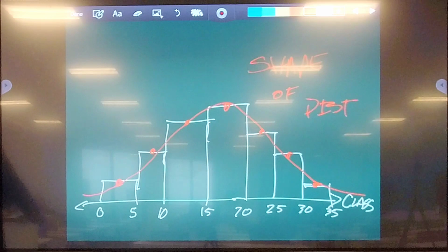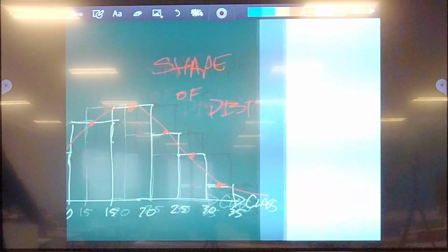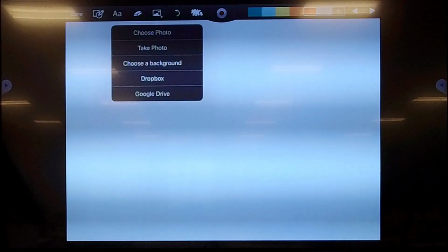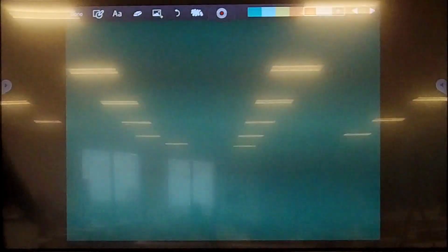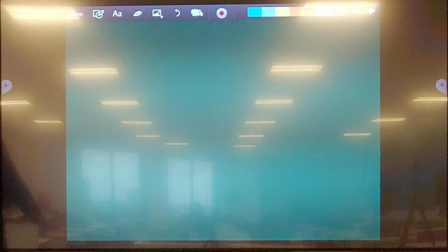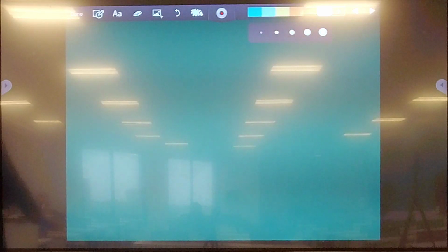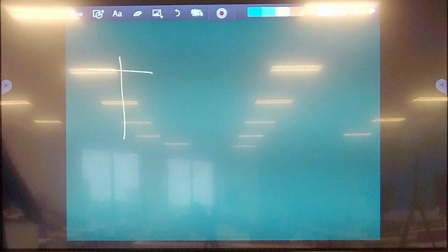Now, let's make up a fictitious frequency table with just a few, maybe 5 classes.